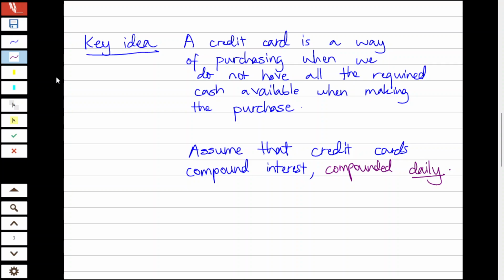When we come back next week, I'm going to run an activity where you will see the more often you compound with the same annual interest rate, the more money is earned. If you compound daily, this is 365 times per year. So from the bank's point of view, they're going to make more money compared with if they compounded once a month or once a week. So there's a trade-off here.